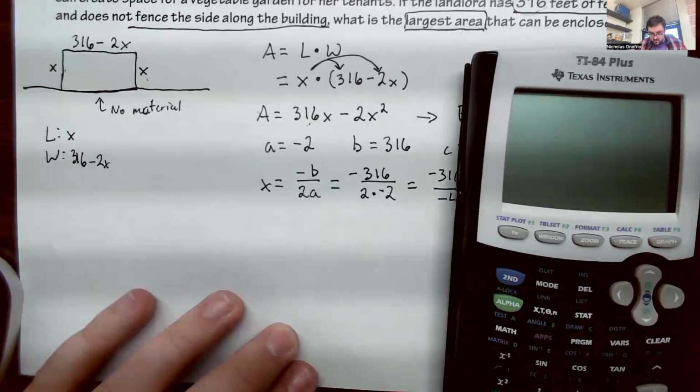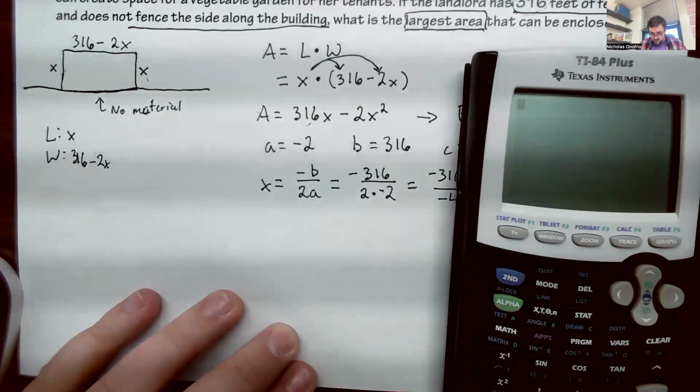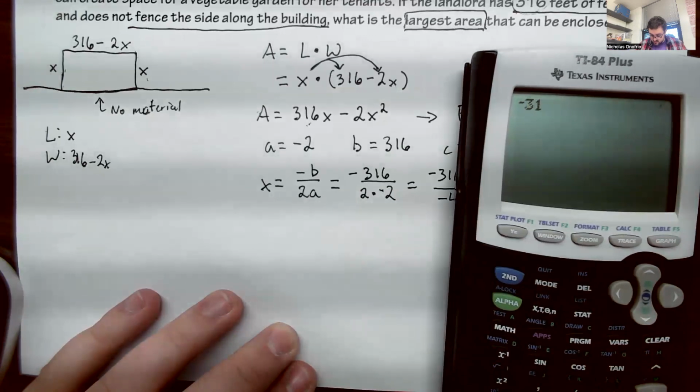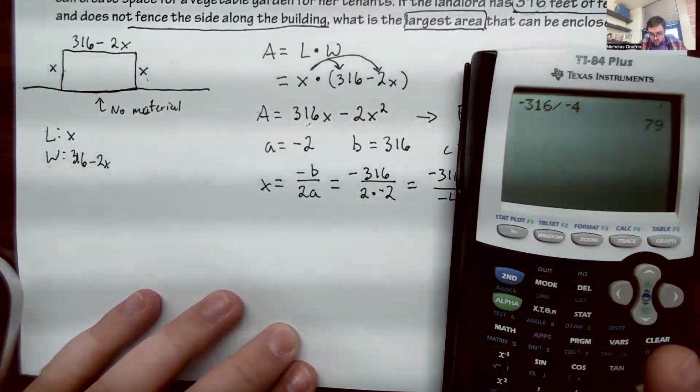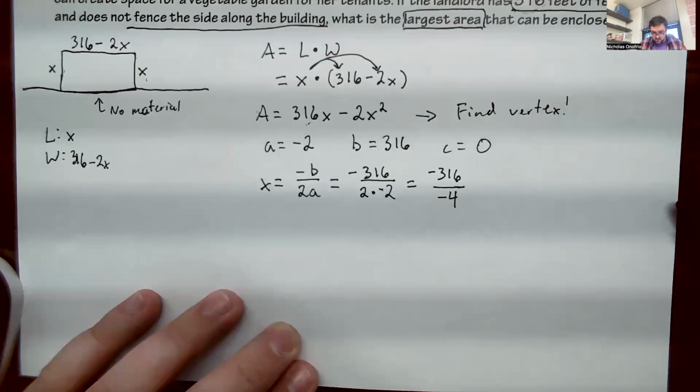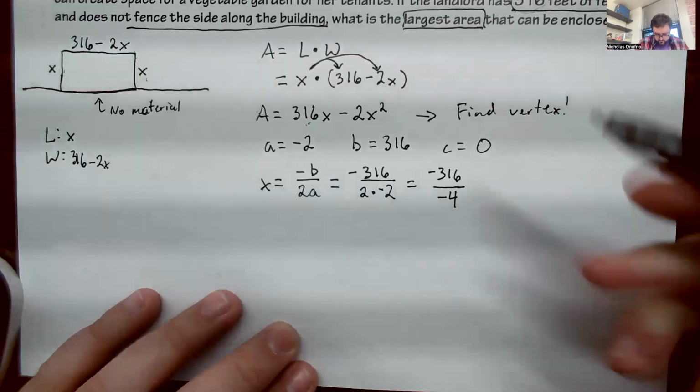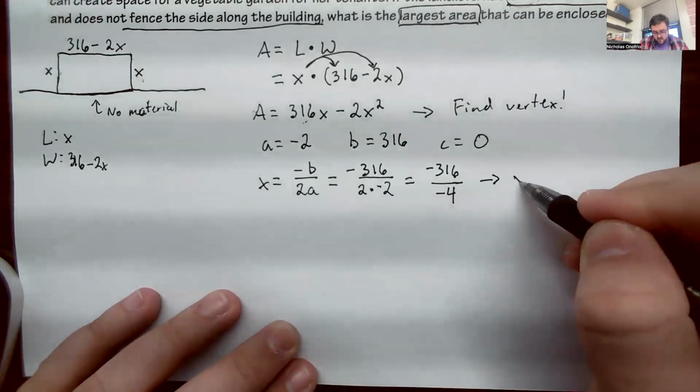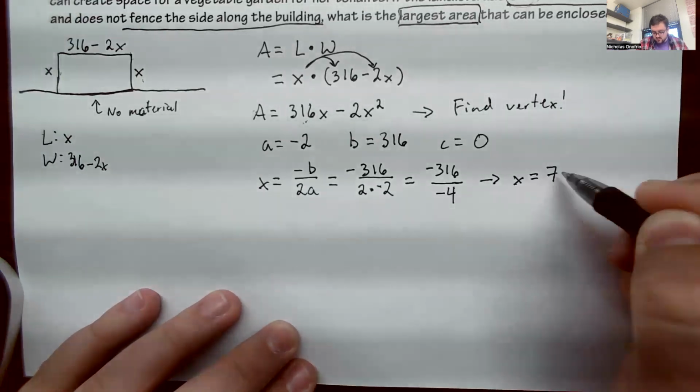Plug that into the calculator. -316 divided by -4 gives me 79. x equals 79.